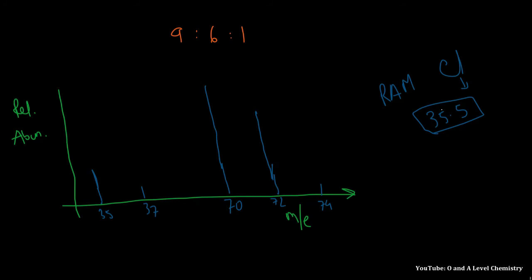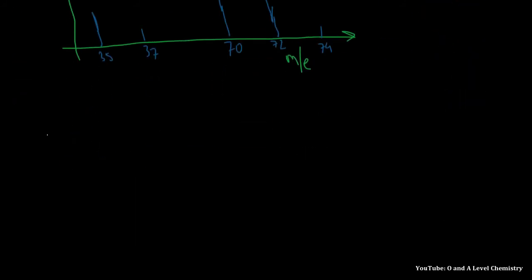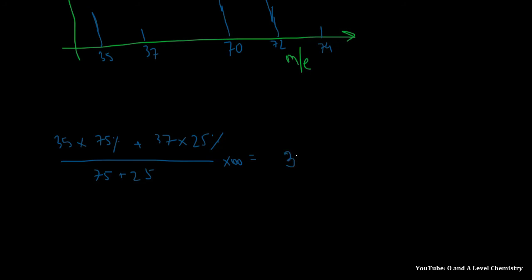So the way we figure 35.5 out is, we have 35, which is 75%, and then we have the 37 isotope at 25%, and divided by the total, which is 75 plus 25. This is not always 100, so you have to realize this. If we calculate that, the average is 35.5.